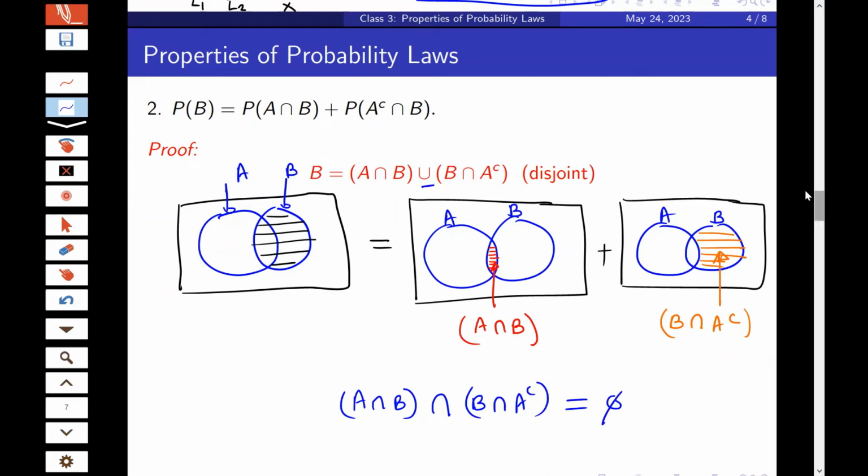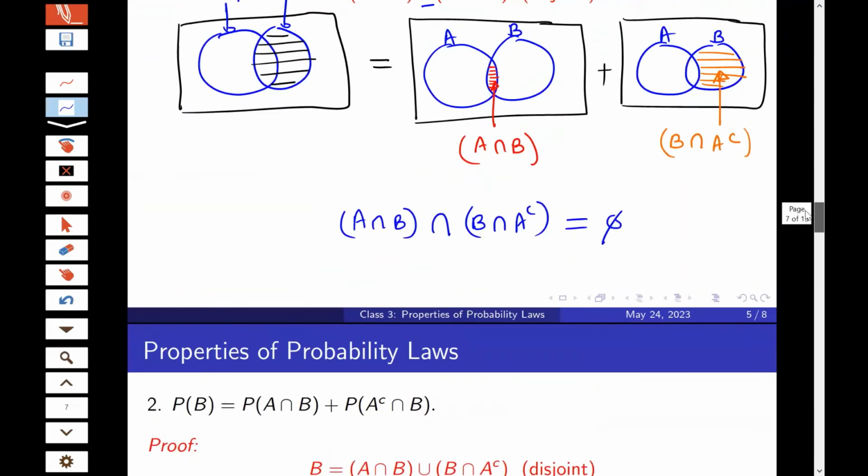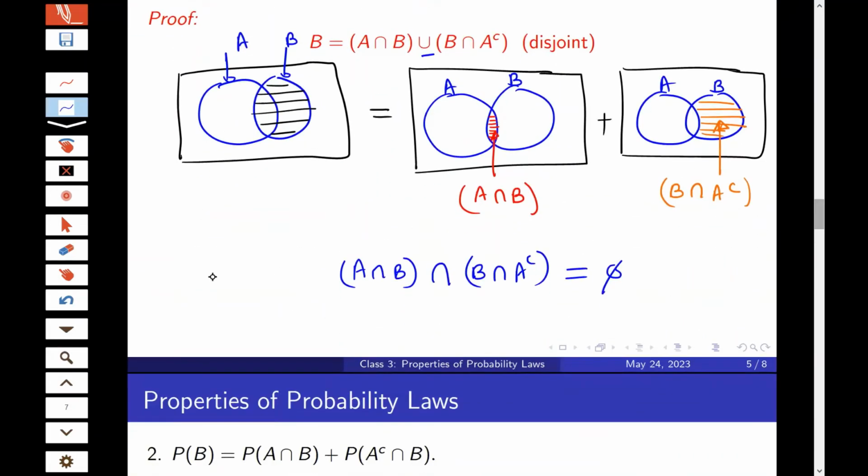Okay, so now we can use the second property. From the second property, second law, we can say probability of B equals probability of A intersection B union B intersection A complement.